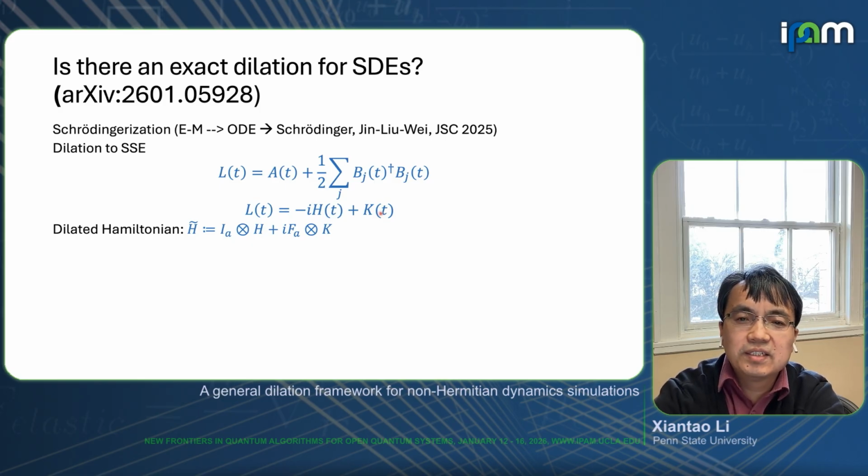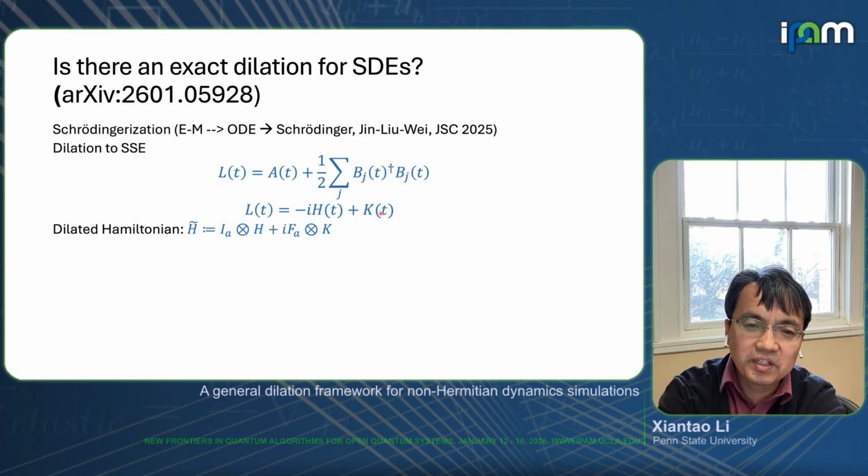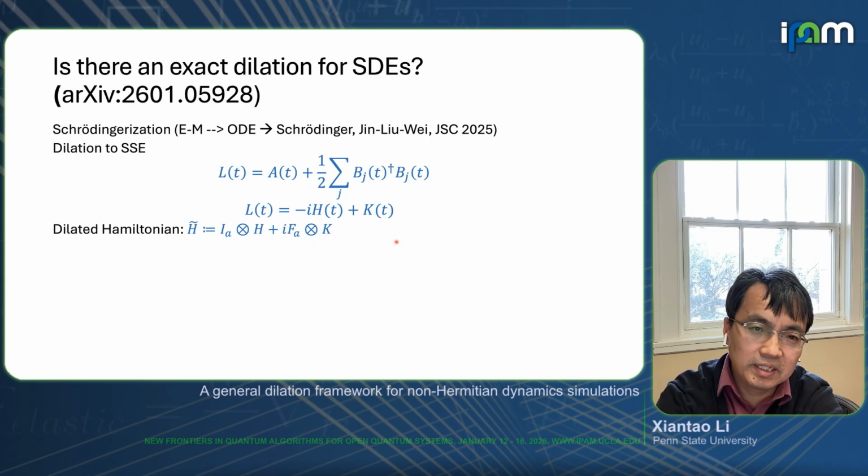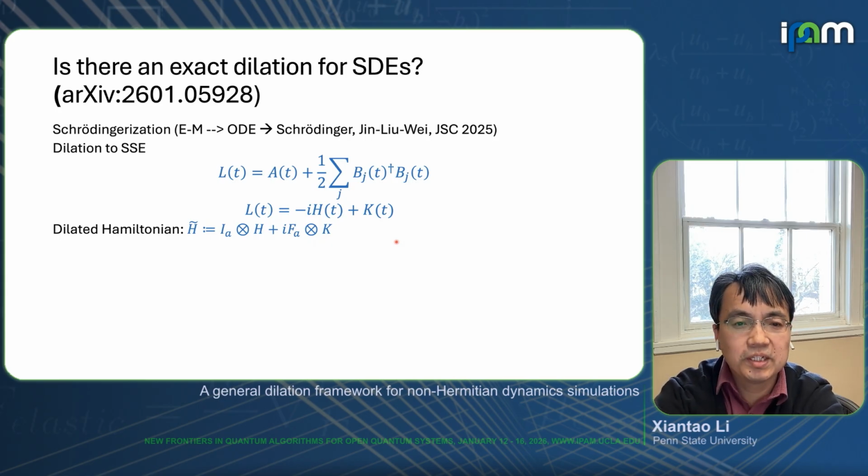If K is equal to 0, then this is already a stochastic Schrodinger equation. You don't have to do anything. When K is not equal to 0, we are going to make it Hermitian, again, outside of this I here, by using the same dilation formula. And you can use Schrodingerization, and maybe linear combination of Hamiltonian simulations as well.